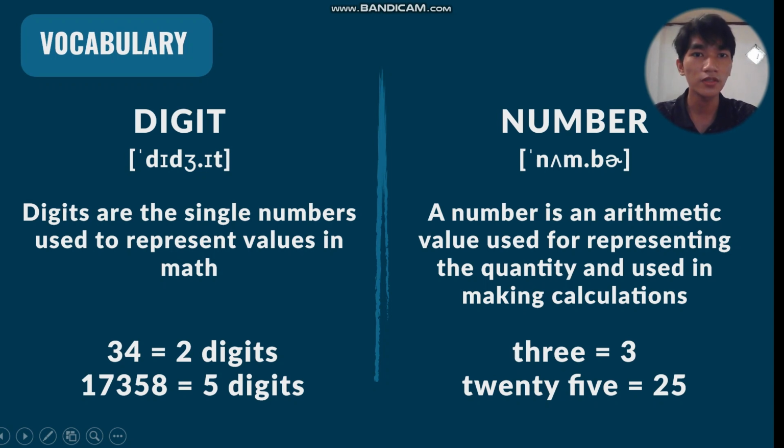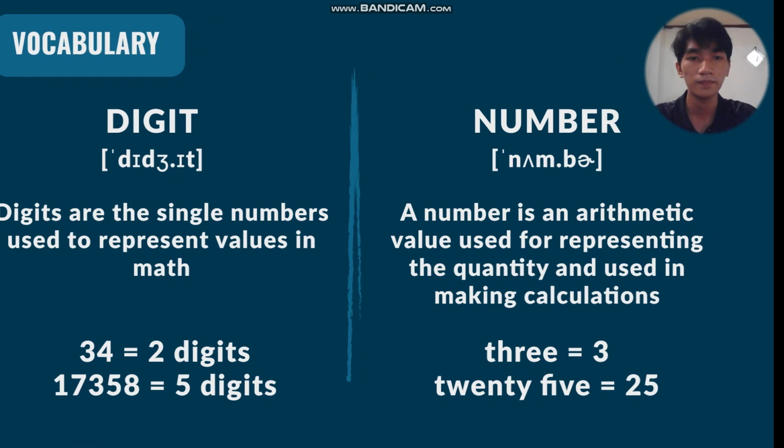Then the next word is number. A number is an arithmetic value used for representing quantity and used in making calculations. For example, we have apples, and the number is 3, or 25, the number is 25, like this.